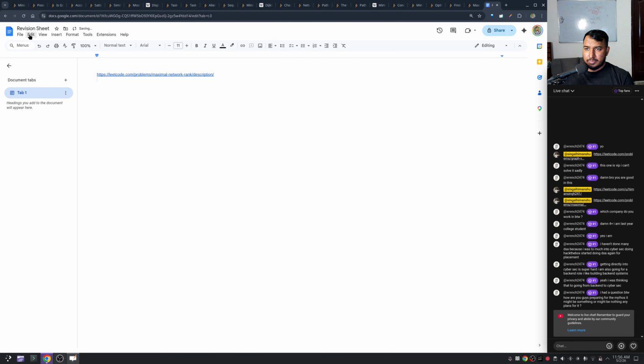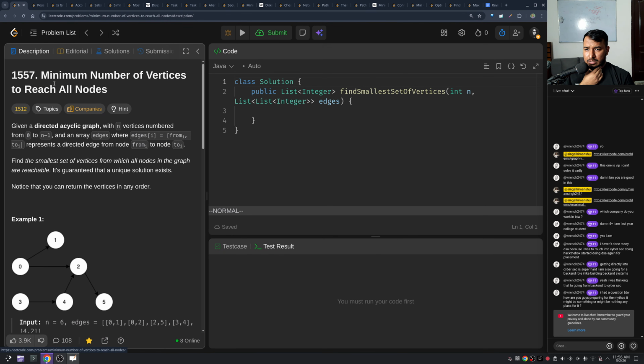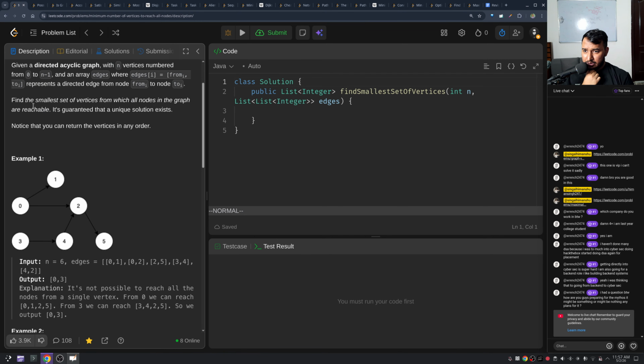I'll solve this problem later. Let's do this question: minimum number of vertices to reach all the nodes. Okay, given a directed acyclic graph with n vertices numbered from 0 to n minus 1 and an array edges where edges[i] is equal to from, to, okay, directed graph we have, right?